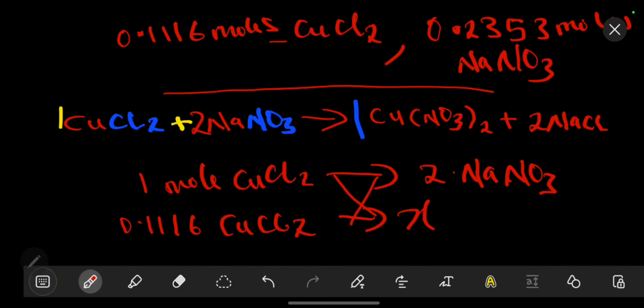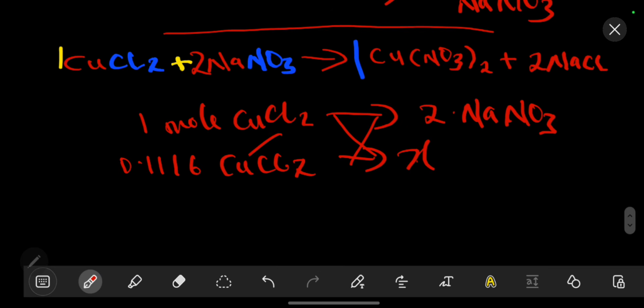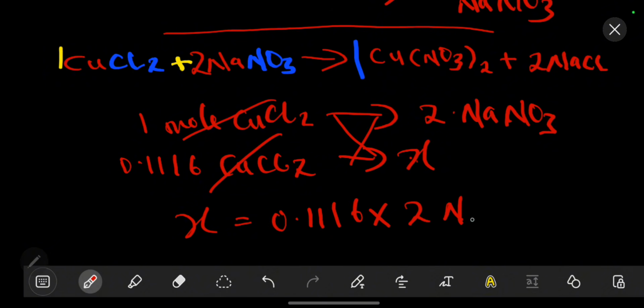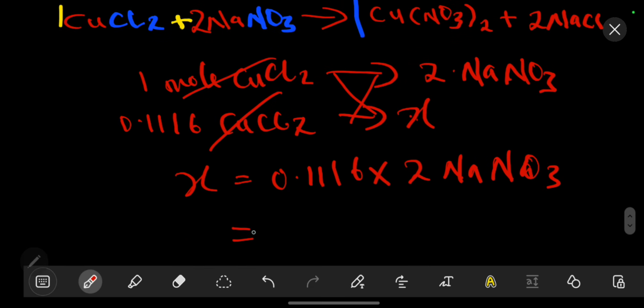We are going to cross multiply. So x, this and this on the same side can cancel. X times 1 will be x, which should be equal to 0.1116 times our 2 NaNO3. When we multiply 0.1116 times 2, this gives us a value of 0.2232 moles.